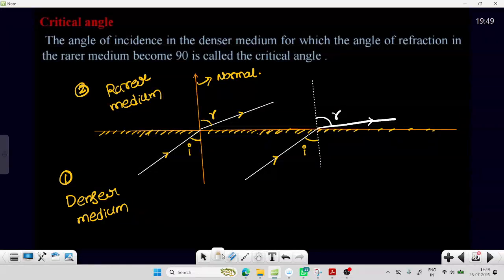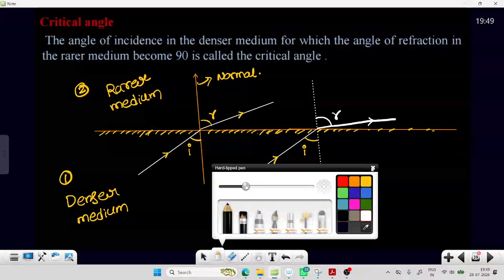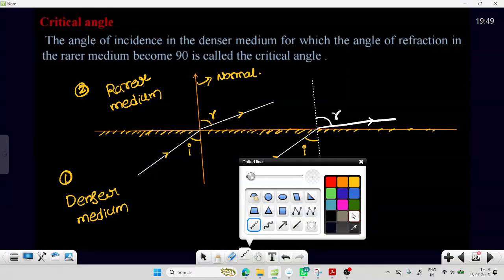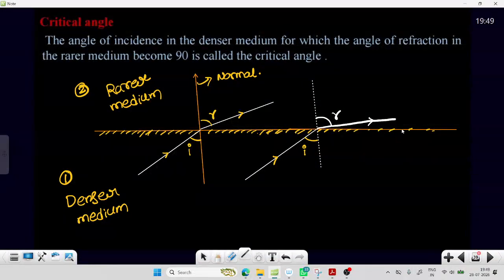Now if I increase further, what happens to the light ray incident here?